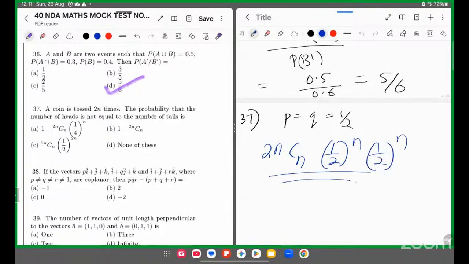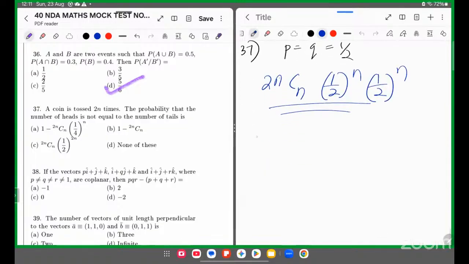So this is the probability of getting number of heads equal to number of tails. Not getting means from the total probability you subtract 2n Cn (1 by 2) raised to n (1 by 2) raised to n. So the answer will be option A.